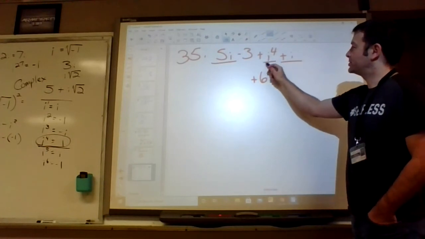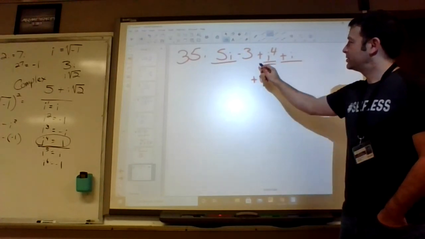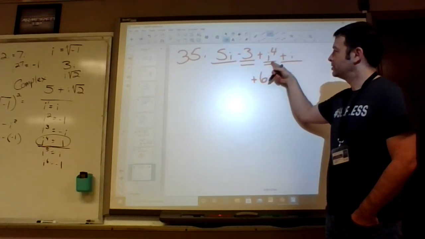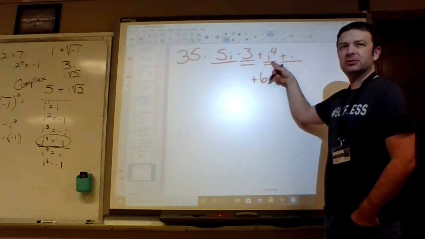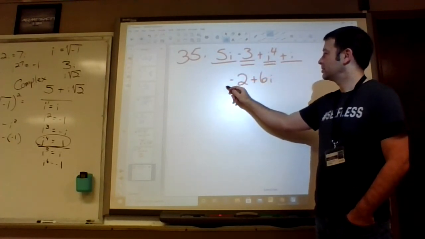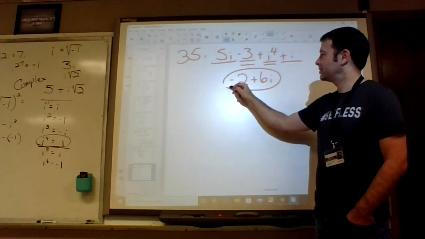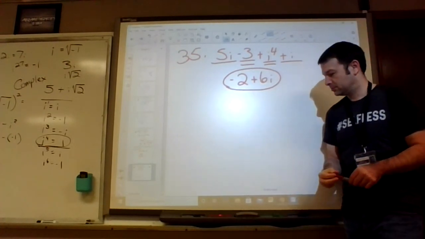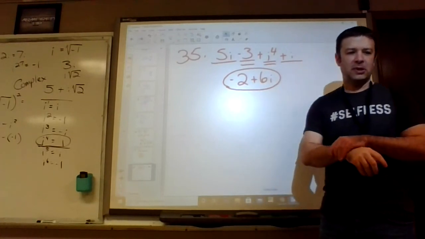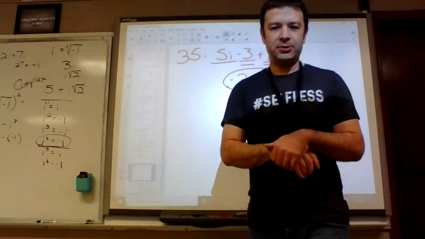Yeah, i to the fourth is just a 1. So in the middle here, basically we have negative 3 plus 1, so it'd be negative 2. I'll put that in front, real number in front of imaginary. Alright, try those evens.